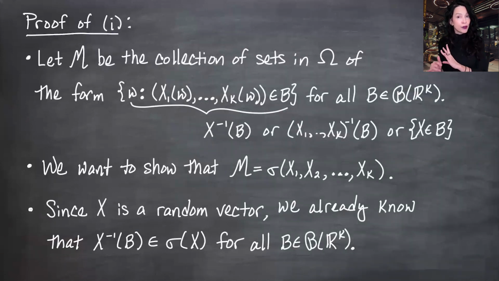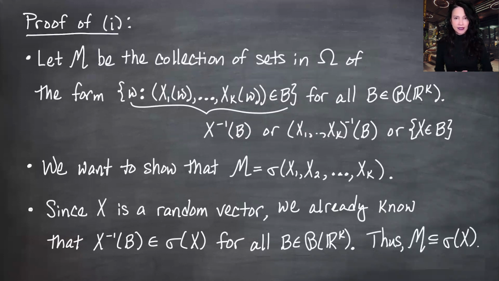If we don't have to throw more things in, then it's defined just as we defined curly M. So at this point, we might have to throw things in. We're not sure. The collection M is just pulling back Borel sets and not filling anything in. The collection sigma of x is pulling back Borel sets and potentially adding more things. So curly M is necessarily a subset of the sigma field generated by x, because that's just curly M with potentially more things thrown in to close it under complements and things like that.